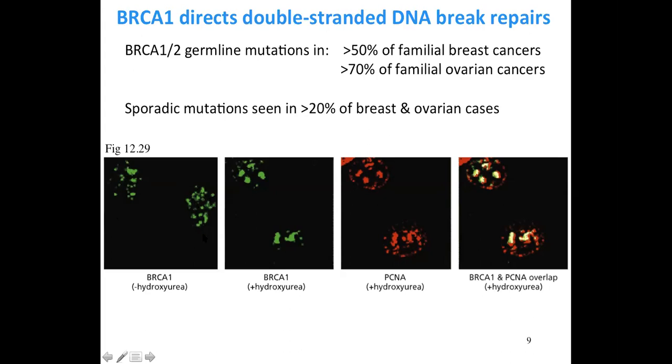This is normally if the cell is left alone in the tissue culture and you don't treat it with anything that might damage the DNA, so minus this hydroxyurea compound. If you add the hydroxyurea, that causes double-stranded breaks in the DNA. And you can see the BRCA1 proteins begin to localize, because they start concentrating at spots within the genome where their action is needed to help repair the breaks.